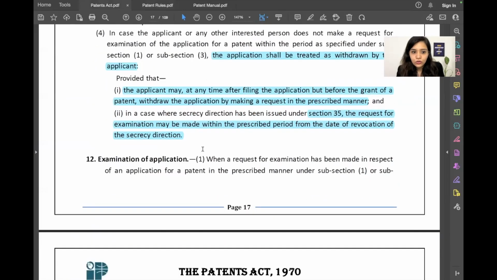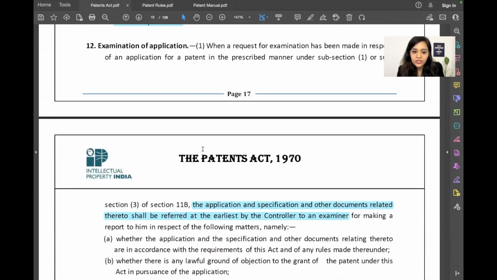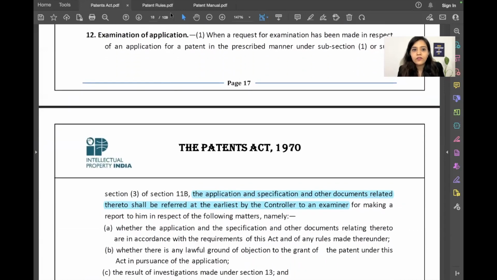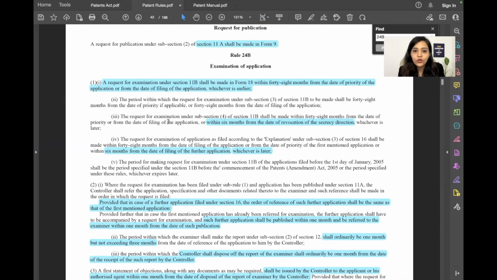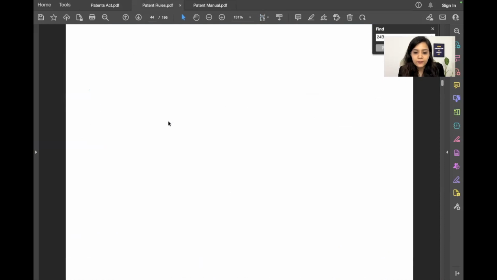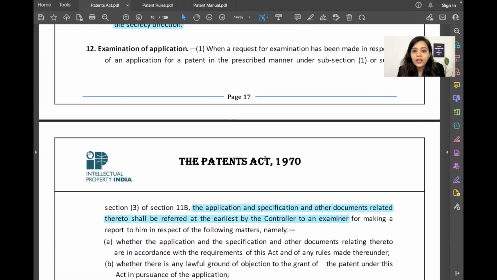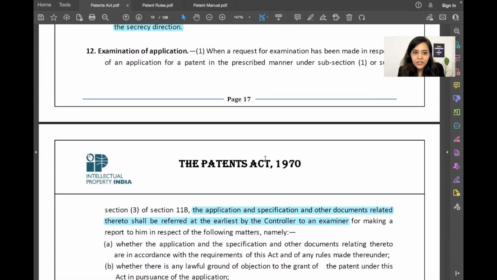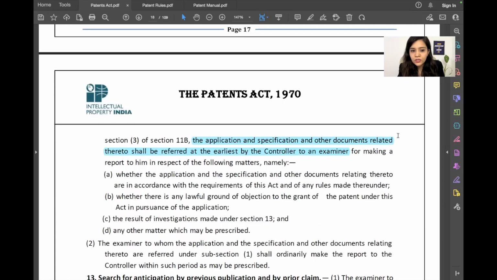So let's now go to section 12. First, we'll study section 12 and then we'll study the difference between 24B and 24C. So section 12: when a request for examination has been made in respect of the application for a patent in prescribed manner or under subsection 1 or subsection 3 of 11B, the application and specification and other documents related thereto shall be transferred at the earliest by the controller to an examiner.